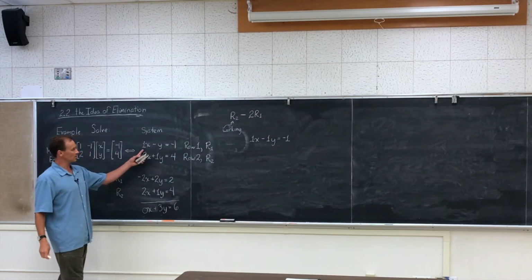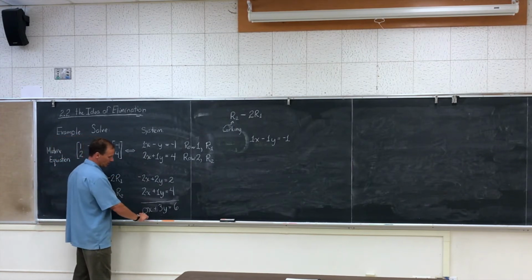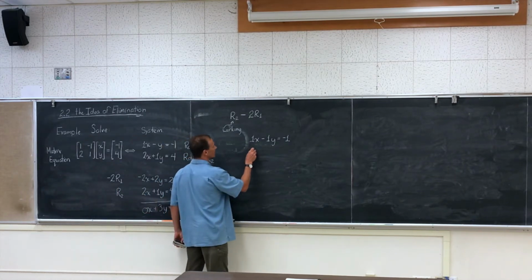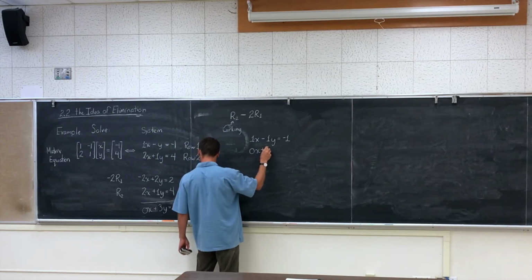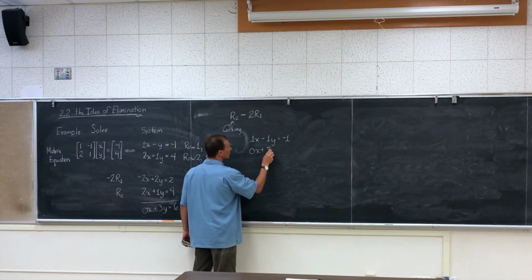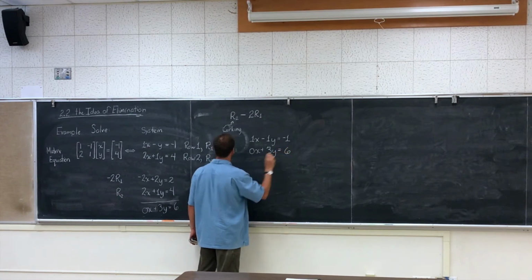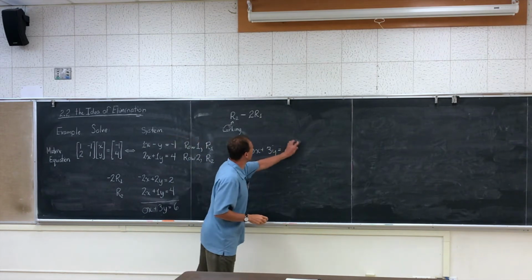First row would remain unchanged. My second row then would become this new result. So I would write this then as 0x plus 3y equals 6.